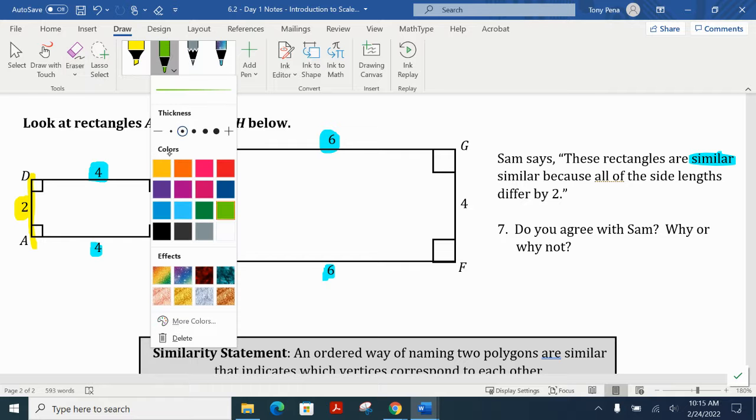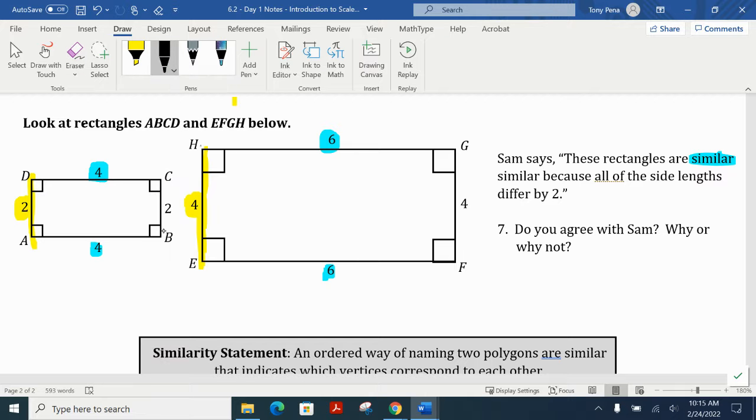Those yellow sides that I have highlighted right now, the D to A and then the H to E. If I'm going to go from 2 to a 4, what did we multiply by there? Juan, what is it? 2. All right, that means all the ratios have to be a 2.